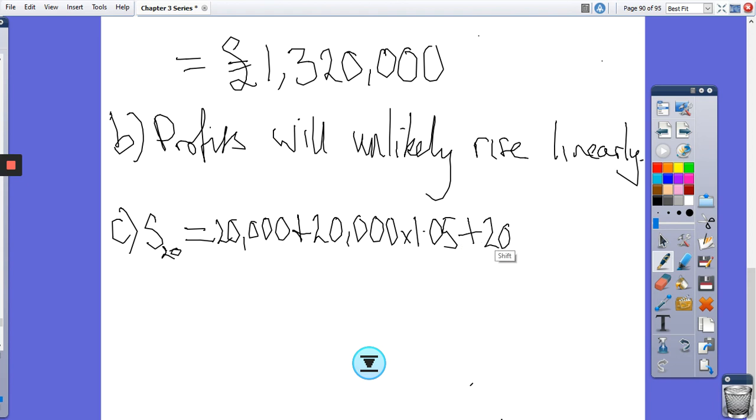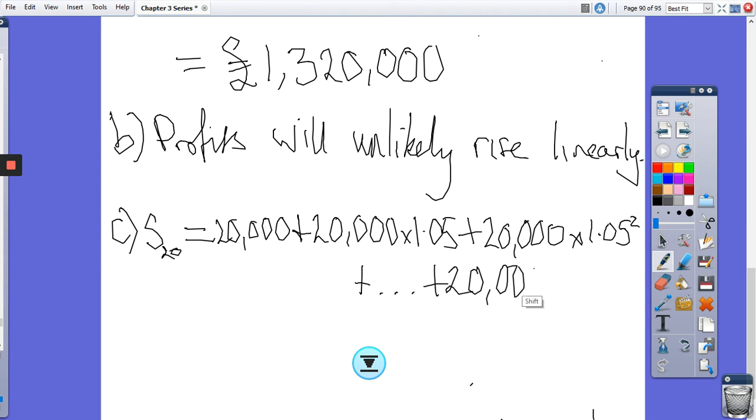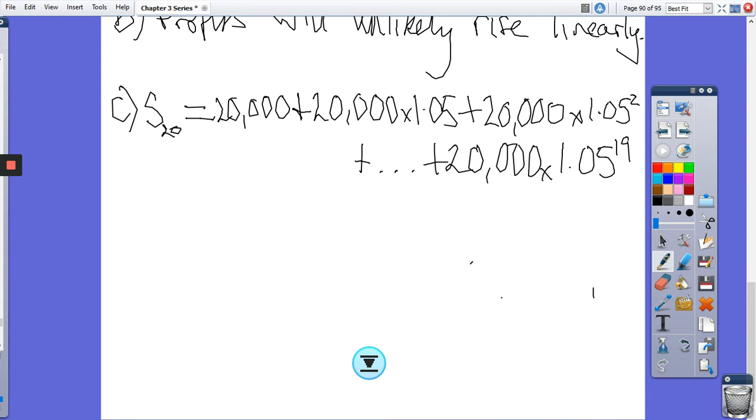And we're going to go 20,000 times 1.05 squared, and you're going to keep going. And you're going to get to 20,000 times 1.05 to the 19. It's always one less, isn't it?